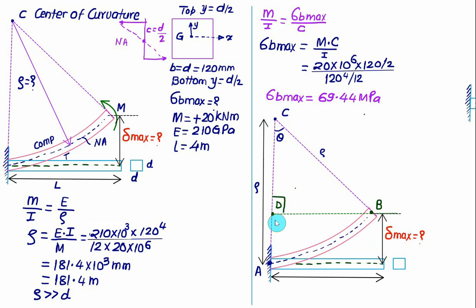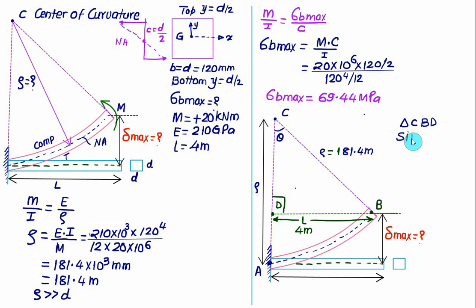This length is approximated as equal to L, because the angle formed is very small, and this length is equal to 4 meter. The radius we use here in meter is 181.4. So let's consider the triangle C, B and D. Here the opposite length and the hypotenuse are known, so we can use sin theta first.